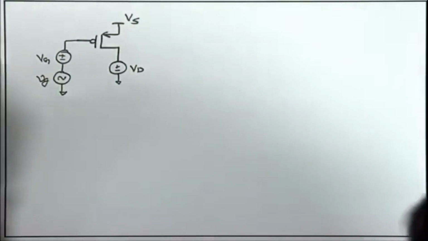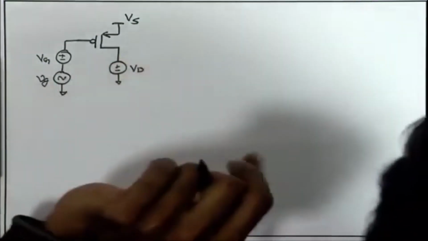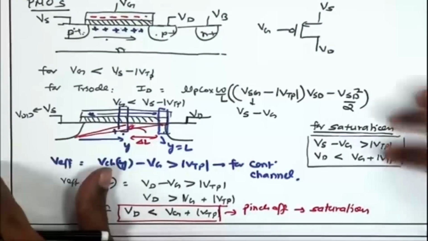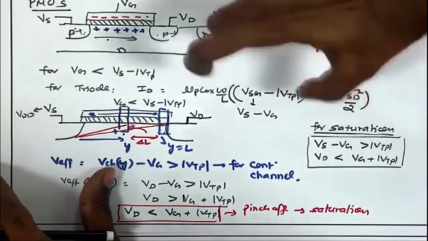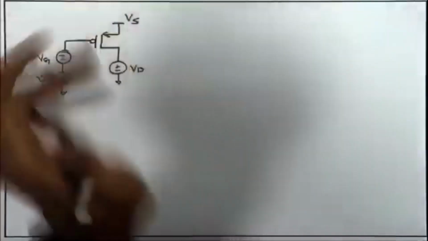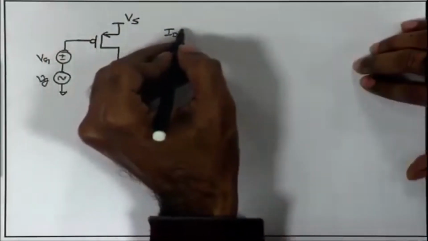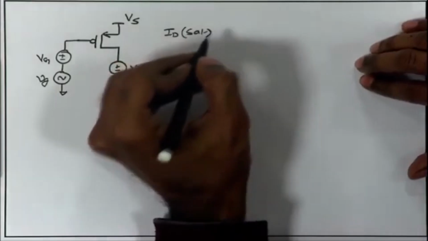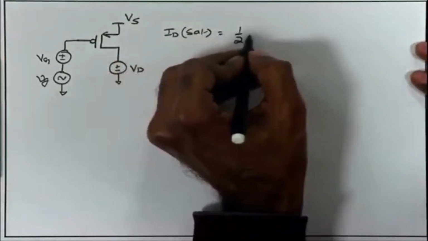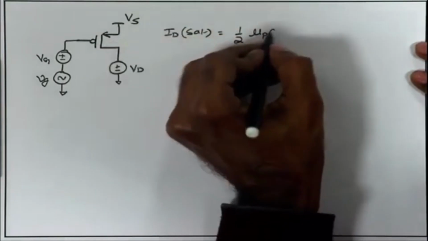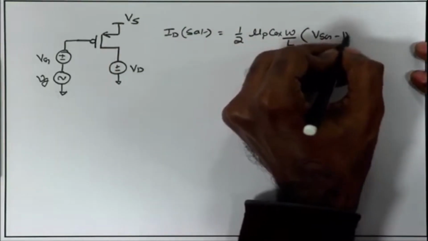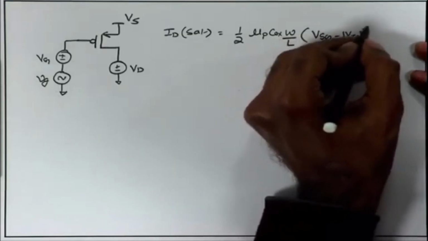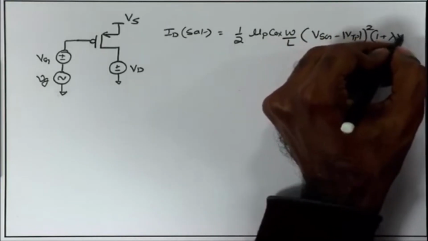Now, remember the drain current that we have defined using the equation for PMOS, keeping in mind the equation for PMOS that we just arrived at, Vsg minus mod Vtp. This is for the triode region. For saturation region, once again the same equation, Id in saturation region for the PMOS is 1 upon 2 mu p Cox W by L, Vsg minus mod Vtp whole square, 1 plus lambda Vsd.